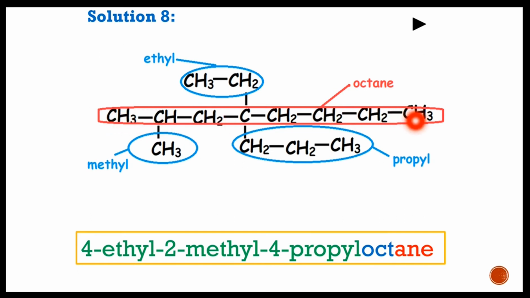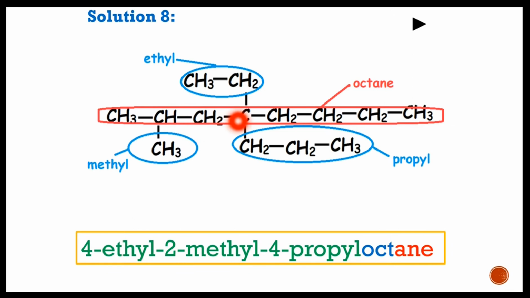When you count in that direction, our ethyl and propyl are going to have 5, and then methyl is going to have 6 or 7 as its location. So it's not going to help us. Let's count from the left to the right, 1, 2, 3, 4.